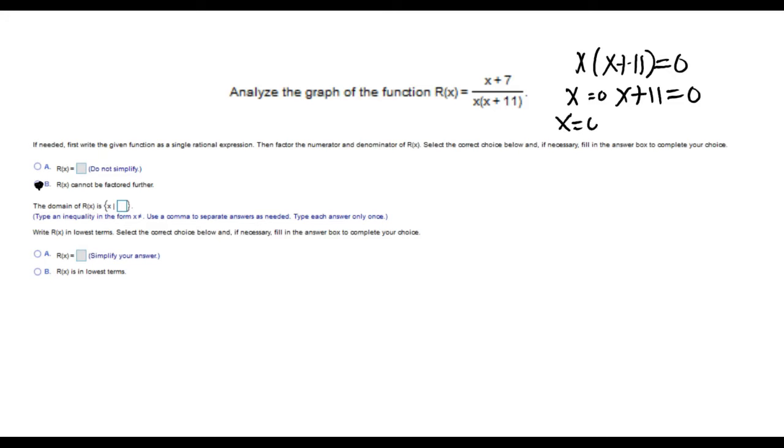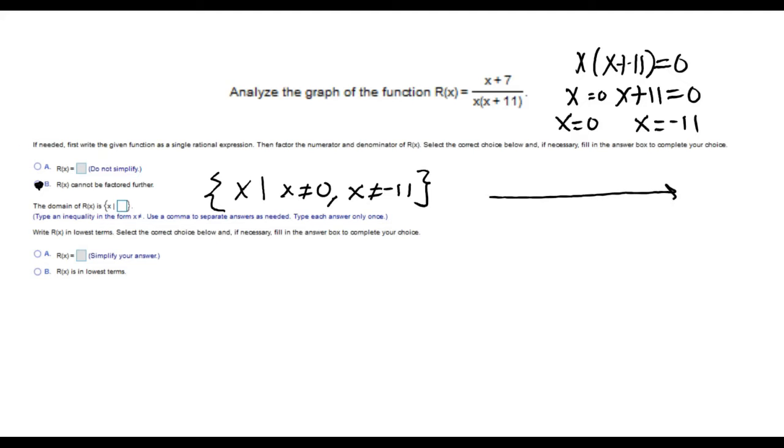So we get x equals 0 and x equals negative 11 as our excluded values, and we'll write our set builder notation. x is not allowed to be 0 and x is not allowed to be negative 11. So the domain of this rational function is all real numbers except for 0 and negative 11.